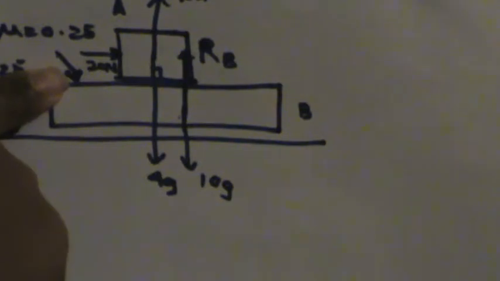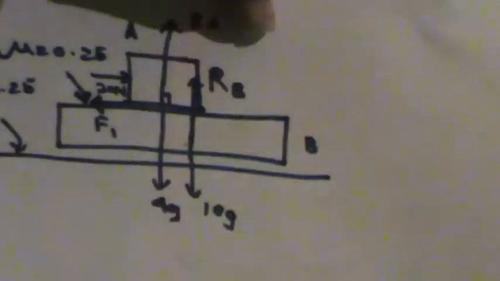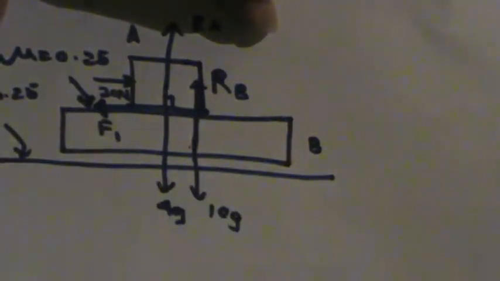Now when I apply a force of 20 newtons in this direction, this object will tend to move in this direction. There is friction between these two surfaces, so this object will exert a friction force in the opposite direction so as to oppose this motion. So the frictional force will be in this direction, F1. And if the force exerted by B on A is F1, the force exerted by A on B is also F1, but its direction is opposite, according to Newton's third law.